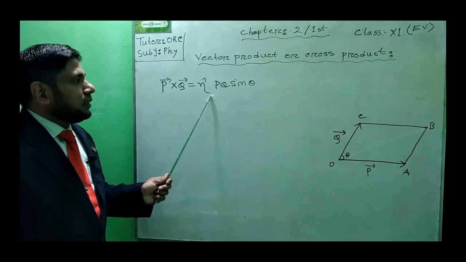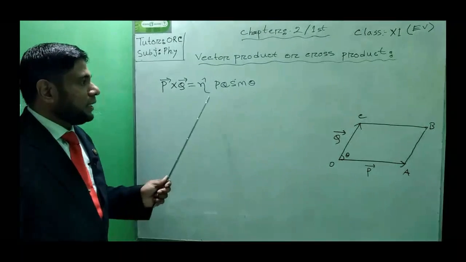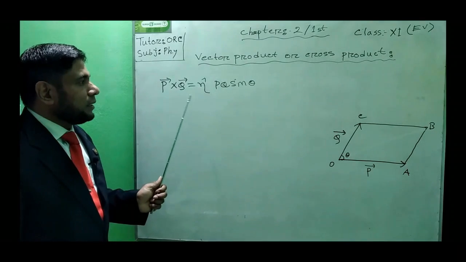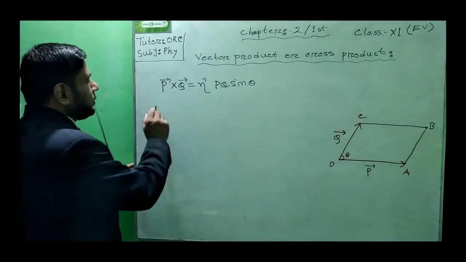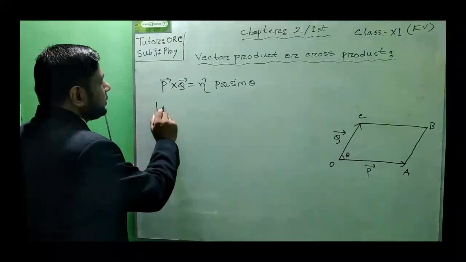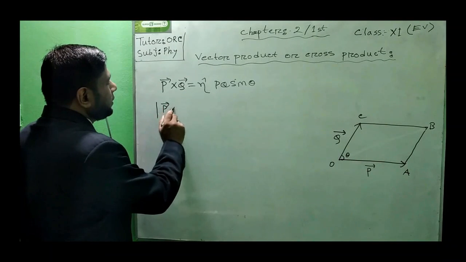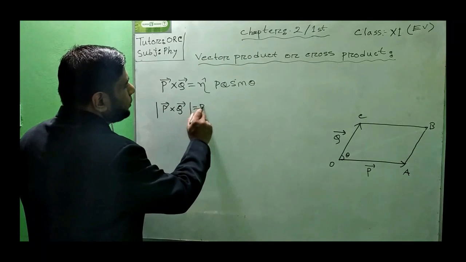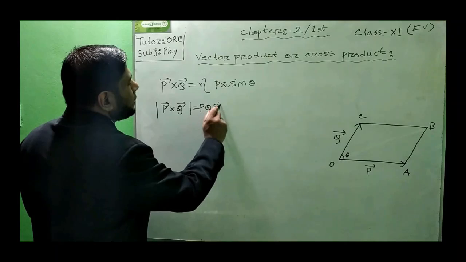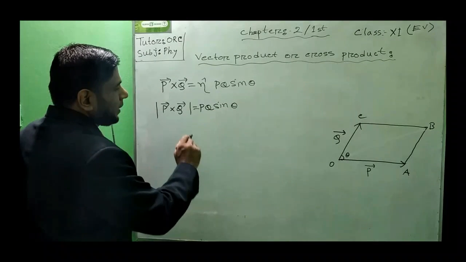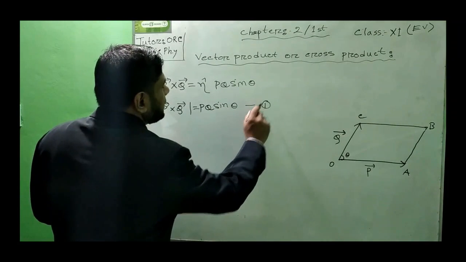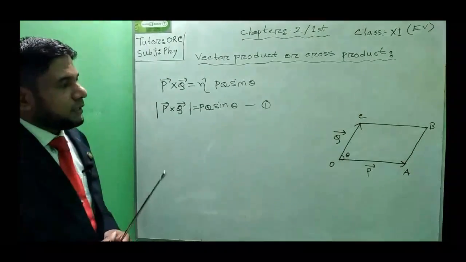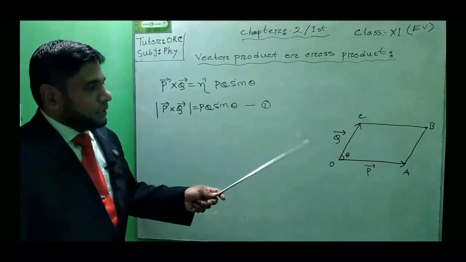So if we want only the magnitude of the cross product, we write the mod of vector P cross vector Q equals P Q sin theta. Here, Q sin theta indicates a particular quantity of this parallelogram.